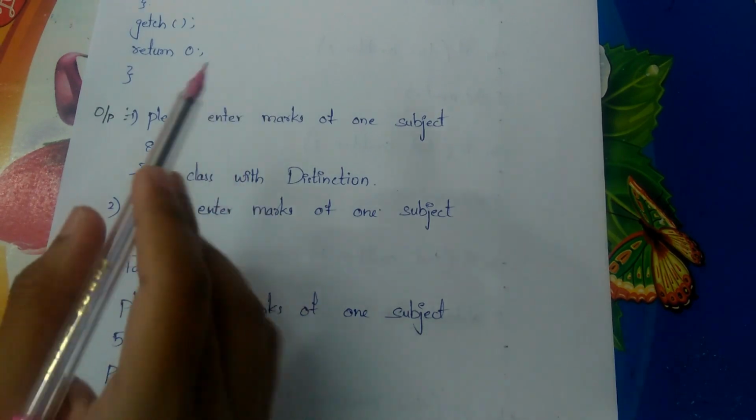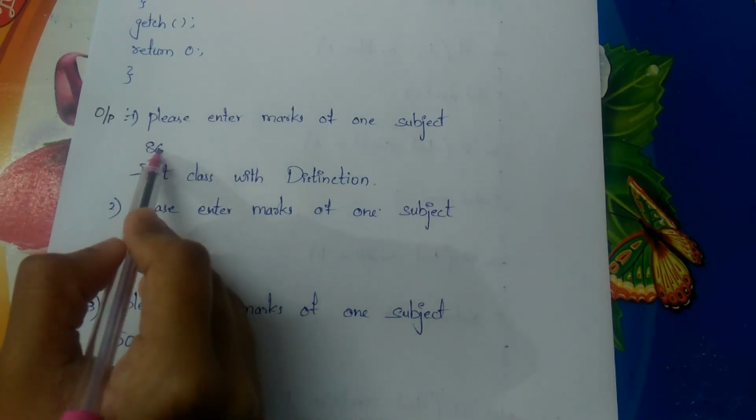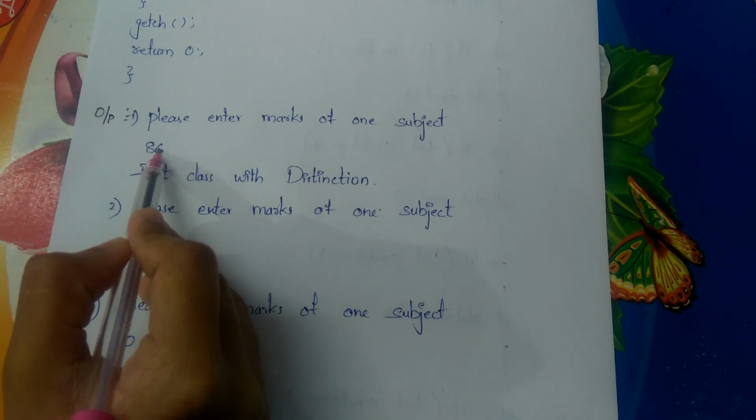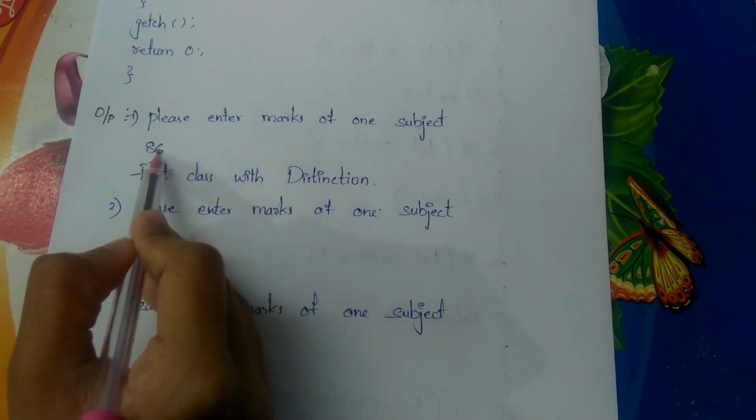Now I want to enter the marks 86. So this 86 is first checked with the test condition 1, that is marks greater than or equal to 40. Yes, 86 is greater than or equal to 40, the statement is true. Then whatever block of statements is there in if will be executed. In if we have written one more if else statement.